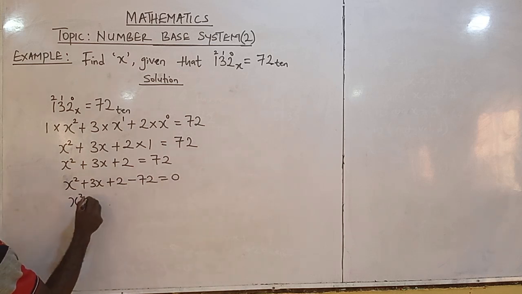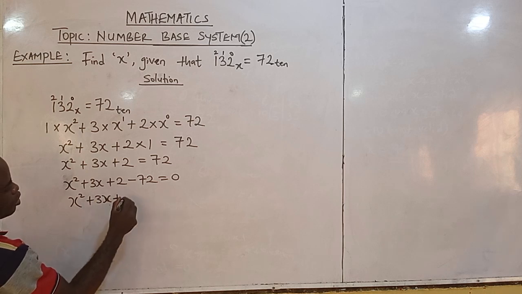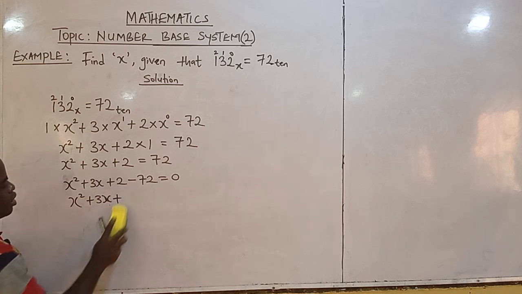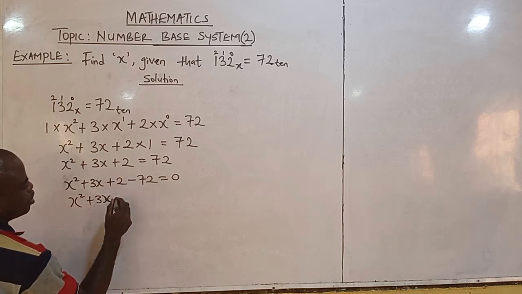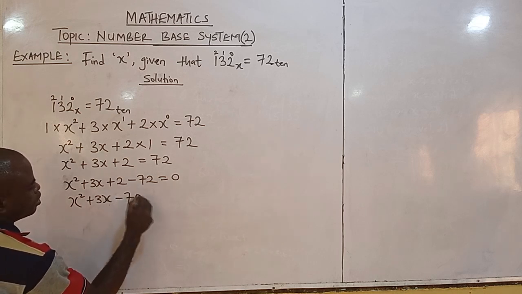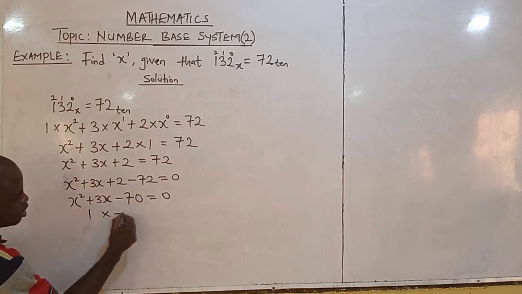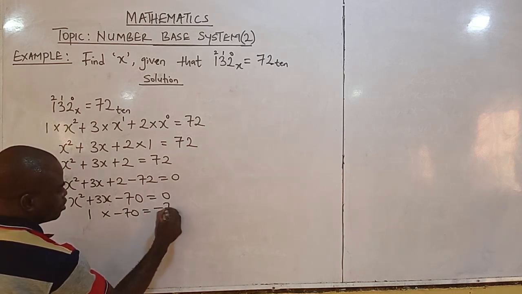We have x squared plus 3x plus 2 minus 72 is minus 70, equal to 0. Now we look at it. There's a coefficient of x squared here. We multiply it by the constant, minus 70. That's the rule, equals to minus 70.